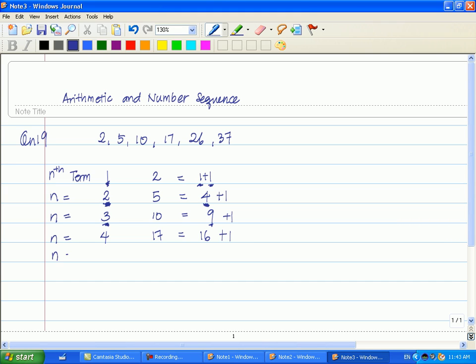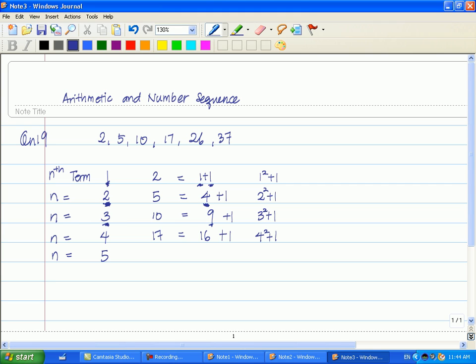If I have n equals 5, without looking at the final number, let us see. From here, 1 squared plus 1, 2 squared plus 1, 9 is 3 squared plus 1, and 4 squared plus 1.